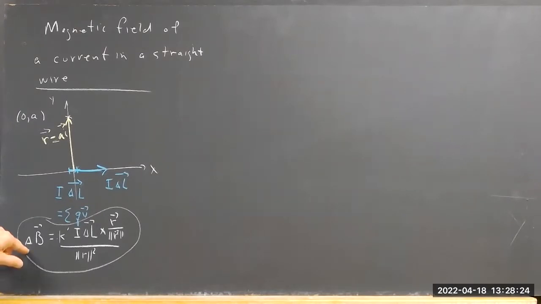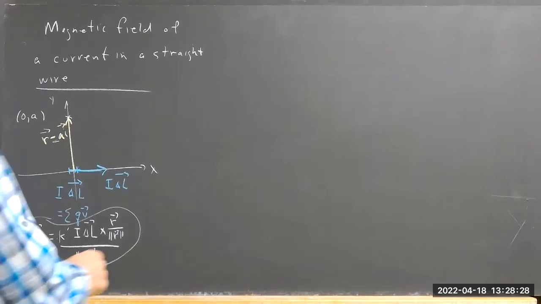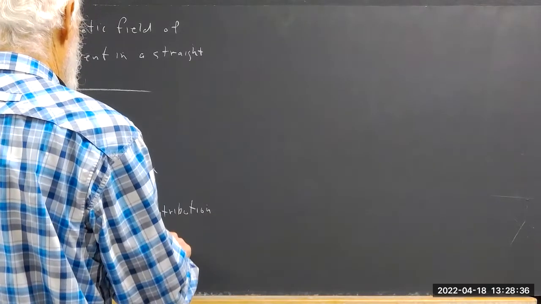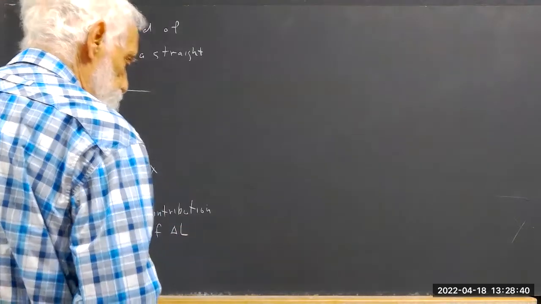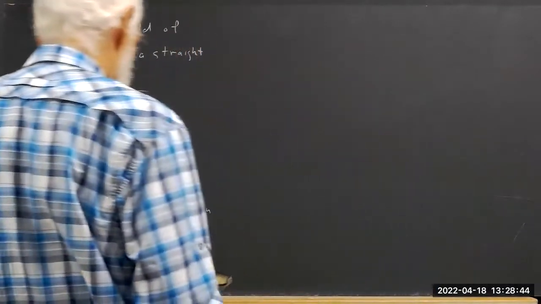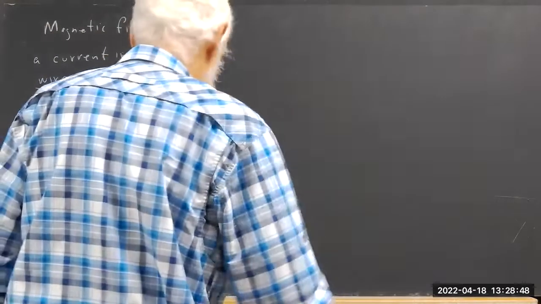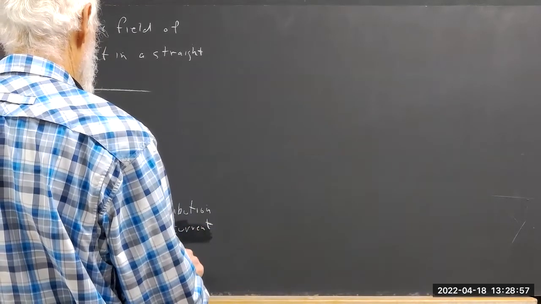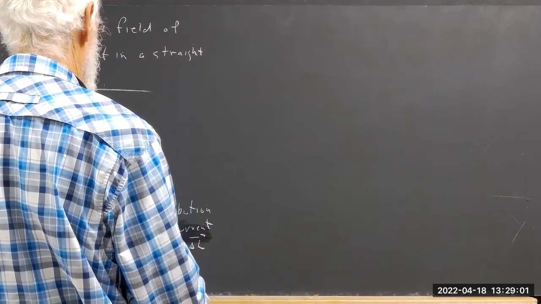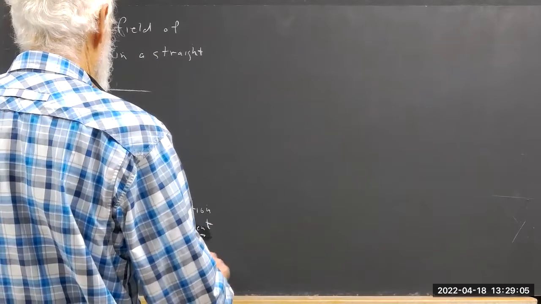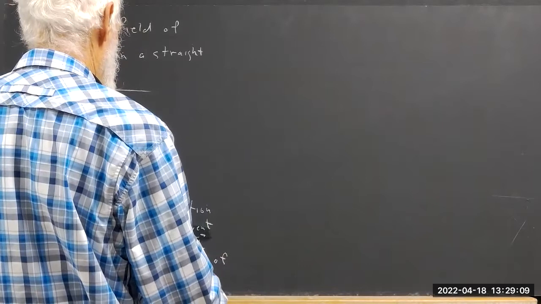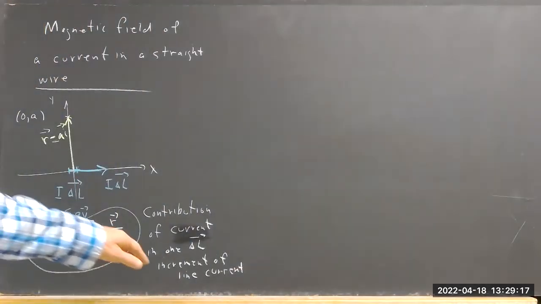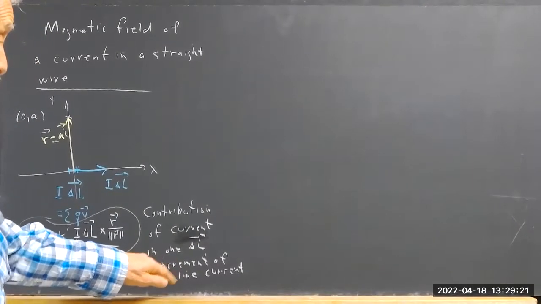Now I call this delta V. This is the contribution of this delta L. So I say this is the contribution of the current in one delta L increment of your line current.